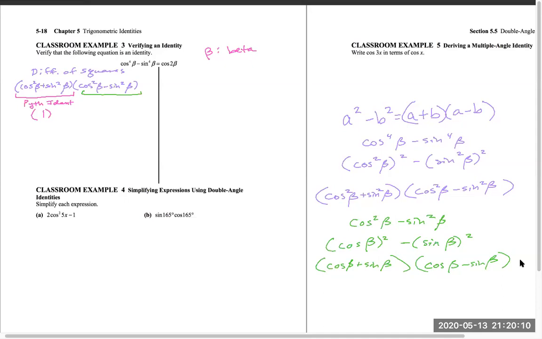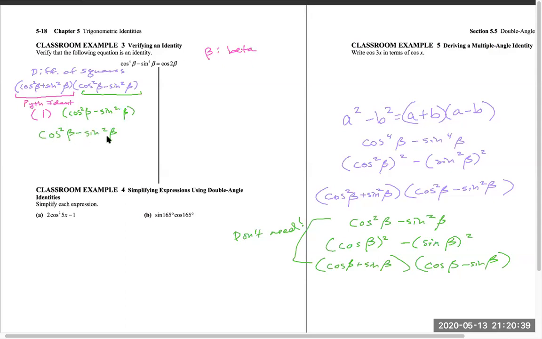And actually looking at this, I realized I don't need to do this. Okay, the hint for that, let's go ahead and rewrite this. Okay, when you take 1 and multiply it to this factor, you just get the factor itself, right?